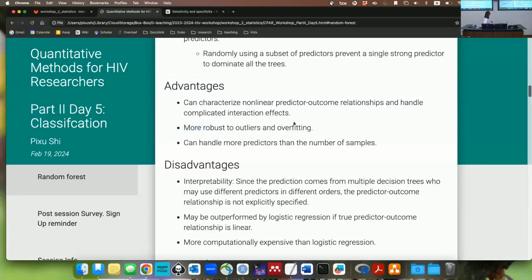The advantage over logistic regression is that it's more robust to outliers because you're using a random subset of samples for each tree. So your outlier will have a smaller chance of affecting all of the trees. And it can handle more predictors than the number of samples. In logistic regression, you have to have more samples than the number of predictors for the degrees of freedom.